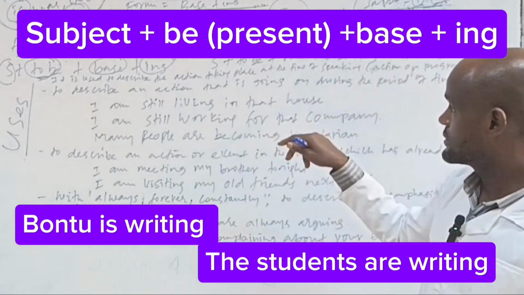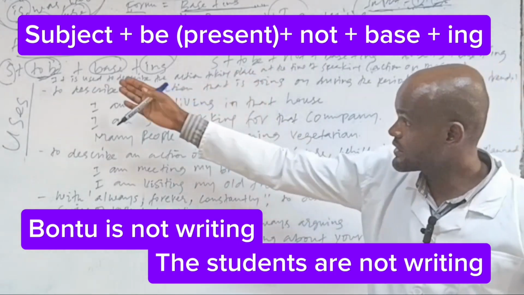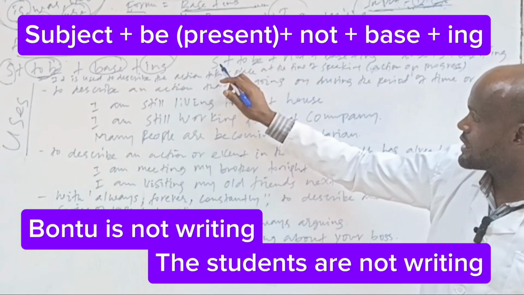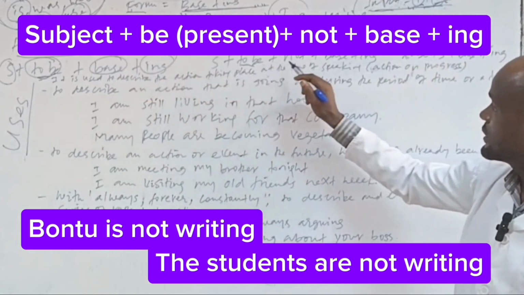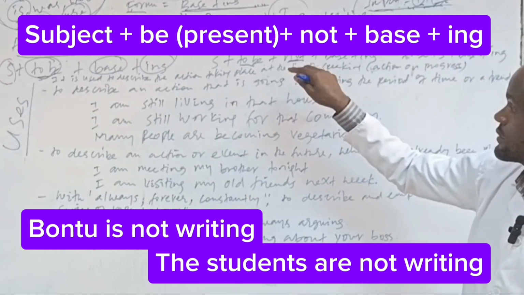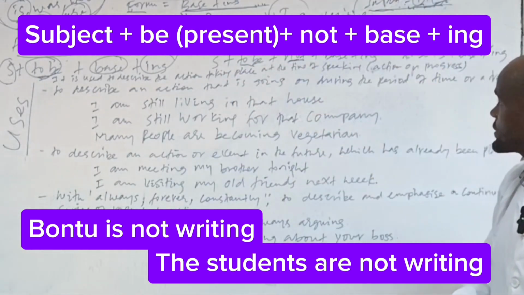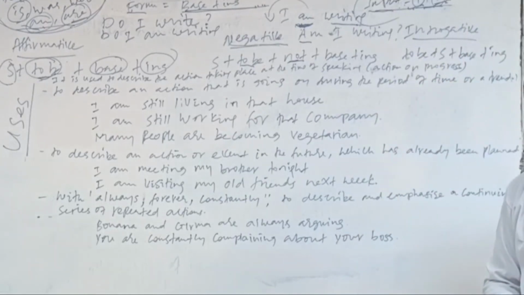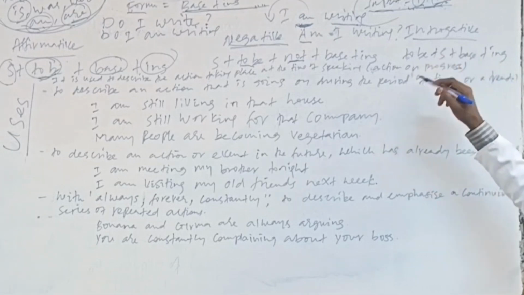Negative yeroo uumtan immoo subject isuma sana hordoftu jechaadha, isuma qabdan sana. Kanaaf subjectii machii qabdu, if it is plural, then your verb to be should be plural or are, then you add not, which is missing from the affirmative, because we are talking about negative. Subject plus verb to be plus not plus base plus ing. For interrogative, verb to be comes before the subject. It precedes the subject, appears before the subject.